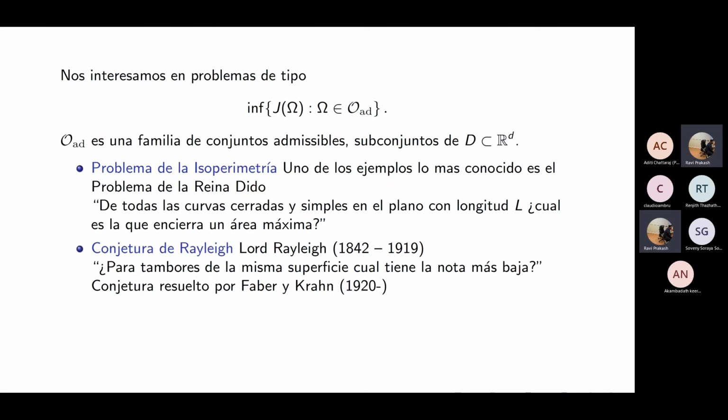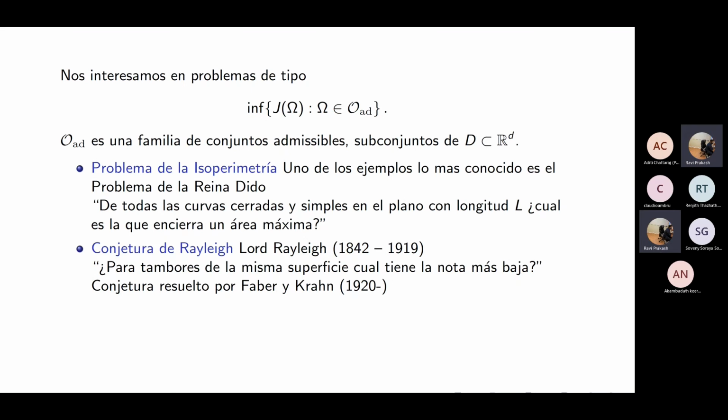Although this conjecture was made in 1870-something in his book, a solution came like 50 years later, by 2 German mathematicians, I guess. Independently, they proved the conjecture. So it's just to give you an idea that problems of minimizing some function which depends on shape can be interesting and natural for different reasons.